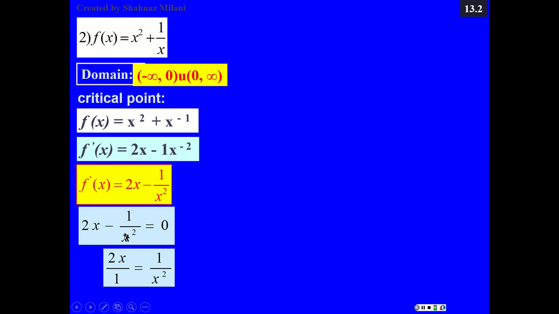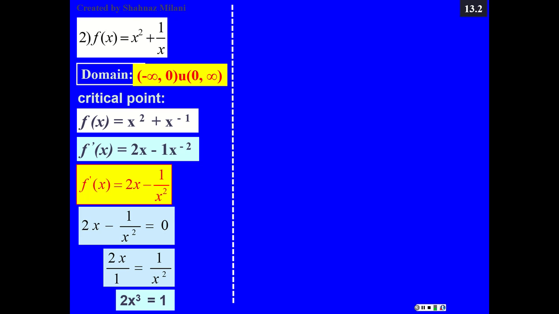I'm going to move this one to the other side, and 2x, I'm going to write as 2x over 1. Then from here, you cross multiply. That means 2x times x to the exponent 2 becomes 2x to the exponent 3, and 1 times 1 is going to be 1.